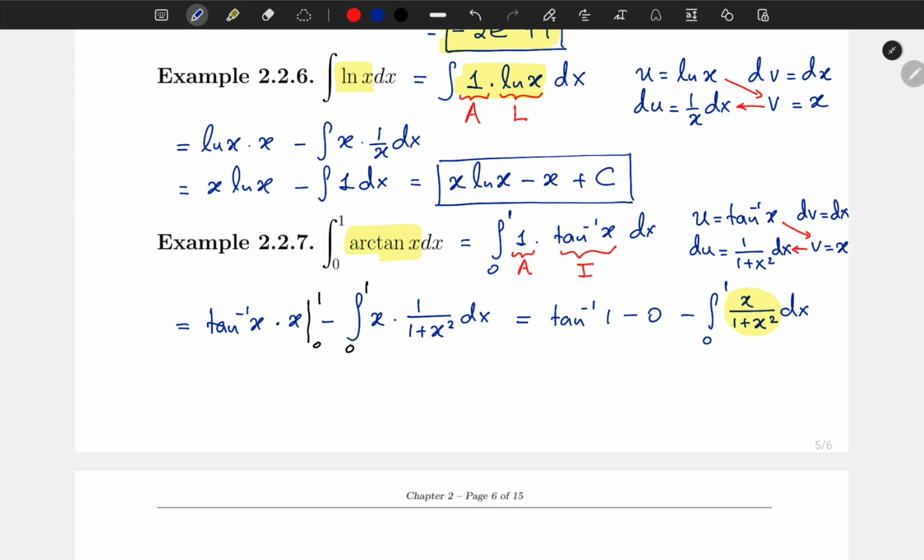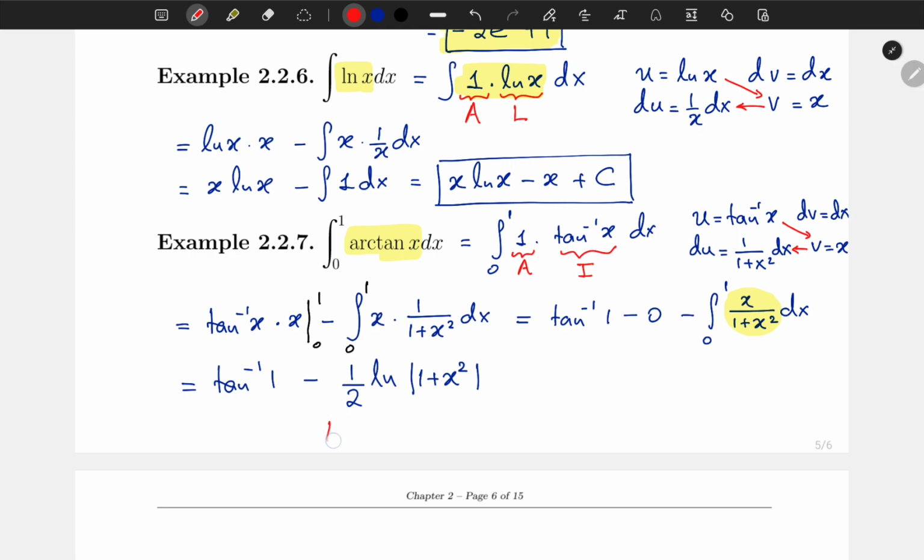Now I'm not going to show how to apply u substitution here, but after applying it, you will get ln of the denominator, 1 plus x squared, times a half. So I suggest you try this.